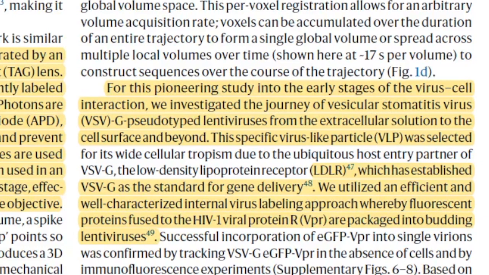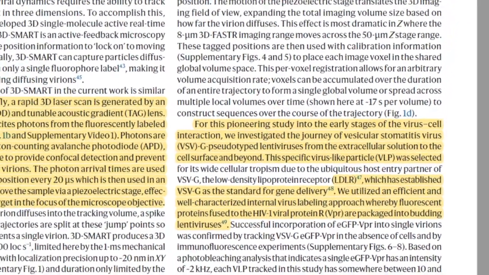Interesting. So that sounds like the technology that is in the injections for COVID, right? That it's essentially a gene delivery system, and this is a synthetic kind of particle made for gene delivery, just like in those injectable products. We utilized an efficient and well-characterized internal virus labeling approach whereby fluorescent proteins fused to the HIV-1 viral protein R are packaged into budding lentiviruses.